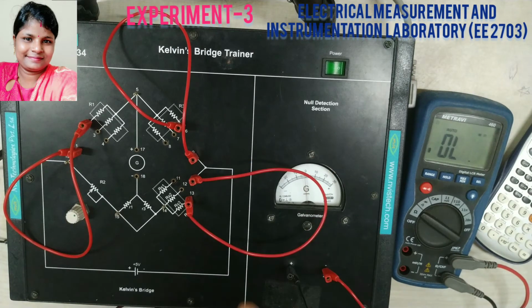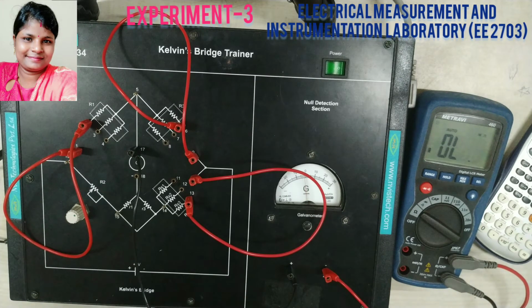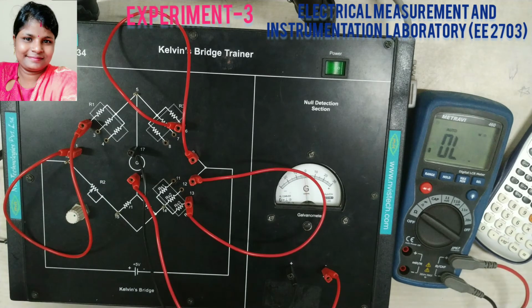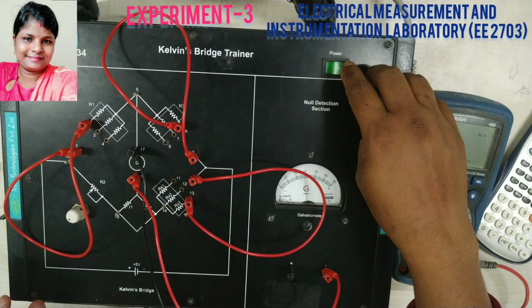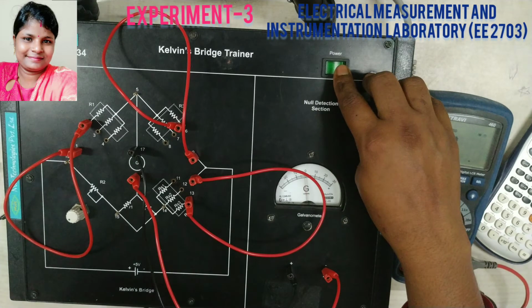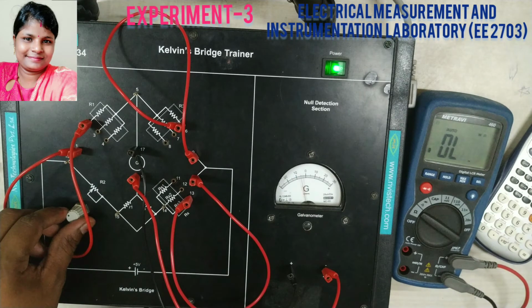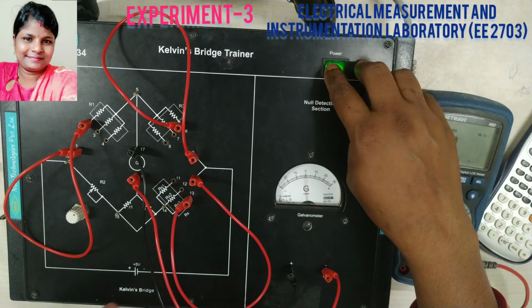And the galvanometer connection is from the positive terminal of the galvanometer to the positive terminal of the Kelvin bridge, and the negative terminal of the galvanometer to the negative terminal of the Kelvin bridge. The potentiometer must be in minimum position. So switch on the power and check the galvanometer. It gives null deflection.